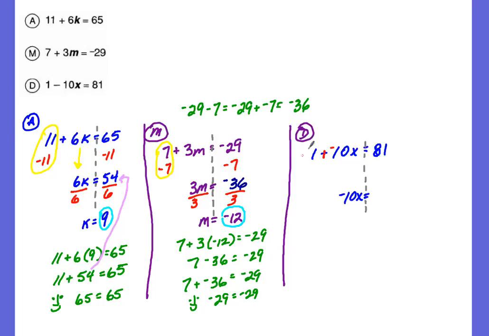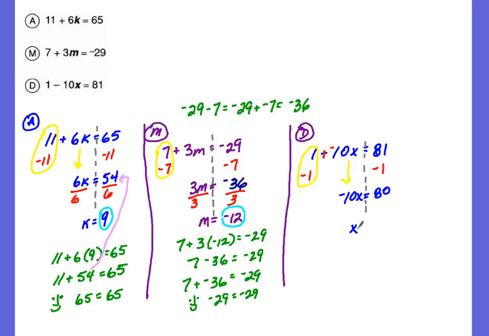I've got this 1 out here. The opposite of having 1 is taking away 1. So I'm going to take away 1 on each side. This is going to cancel. Negative 10x is going to come down. Over on this side, when you have 81 and you take away 1, you have 80 left.